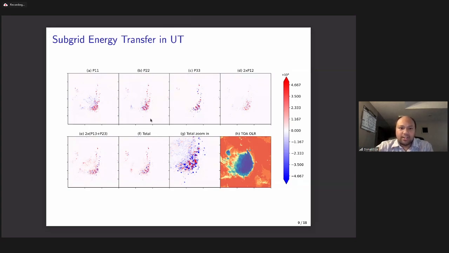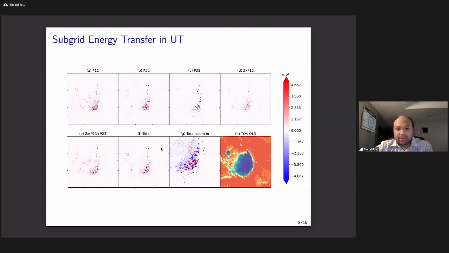subgrid energy transfer rate. As we could see here, the first thing looks pretty random. There's not a defined region where we have strong dissipation or backscatter. Next to a strong dissipation, there's always some backscatter.